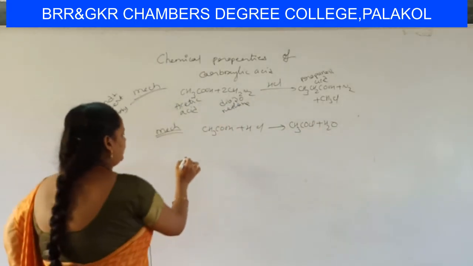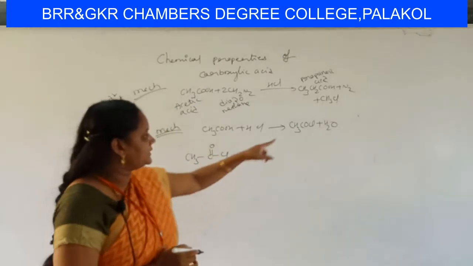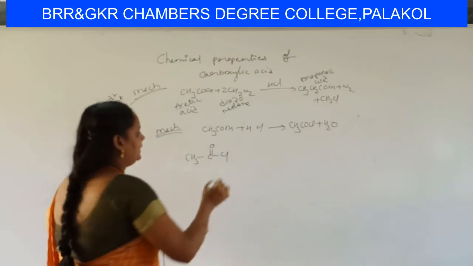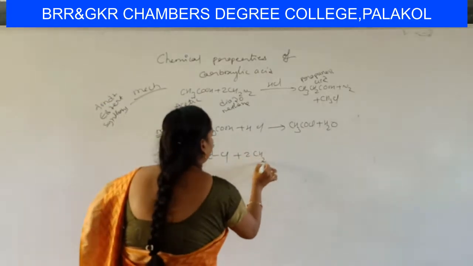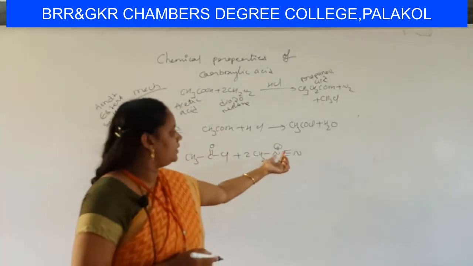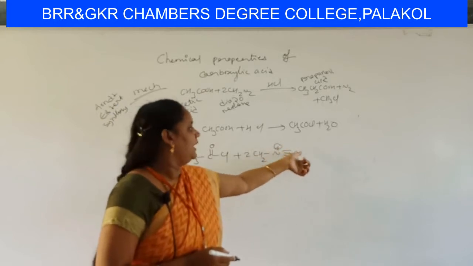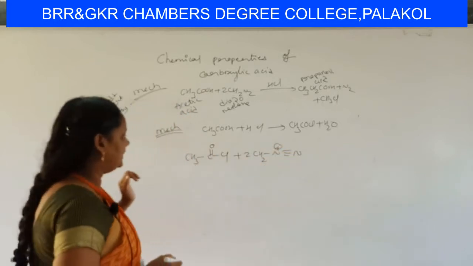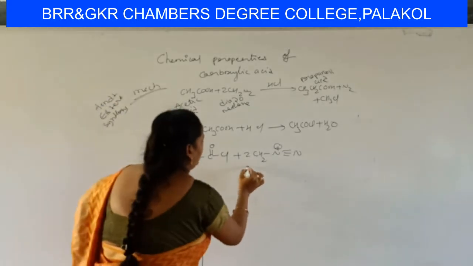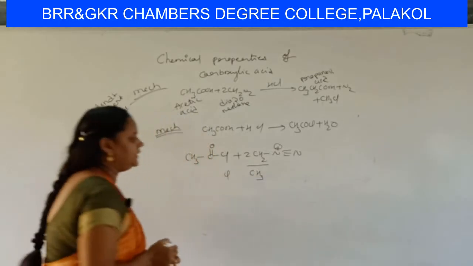In the second step, you have to take acetyl chloride. I am writing the C=O of acetyl chloride, plus 2 moles of diazomethane, CH2N2. What happens here? CH3 from here and Cl from here will be removed.